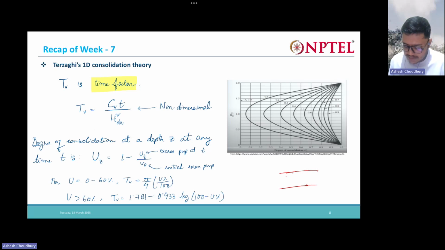Say we have a clay layer. At any depth z, before the consolidation started, the pore water pressure was u naught. Now, as soon as we apply the load, excess pore water pressure is going to develop, and then it's going to start dissipation.